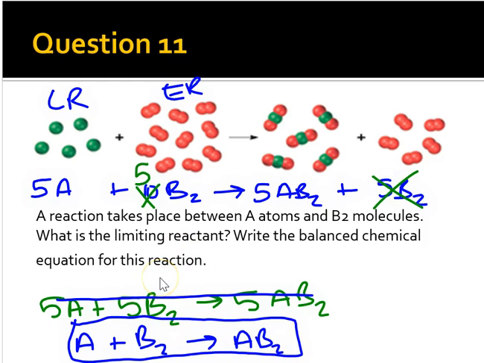You need an A atom, and for every 1 A atom that you have, you need a B2 molecule. So that's what a chemical equation does. It shows you that simple setup of what needs to be reacted to create your product. So that's how we got A plus B2 yields AB2 from this up here. So that was more of just like a visual problem there.